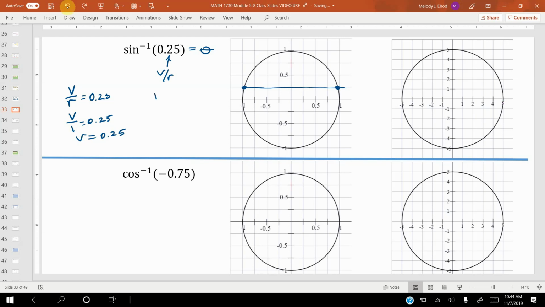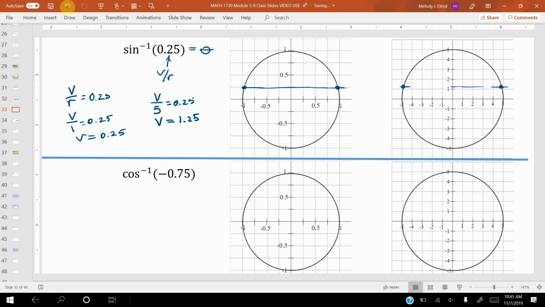So if v over 5 is 0.25, then that means that v must be 1.25, right? Now, these are not drawn to scale, which is a little bit misleading, but 1.25 is about here. So if I draw my line across, here's a vertical distance of 1.25, and here's another one. And so again, I have 2 points along the pattern of the circle that are going to give me the vertical distance above the horizontal diameter that I'm looking for.